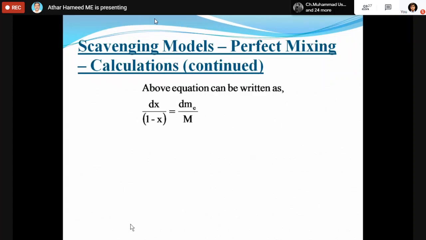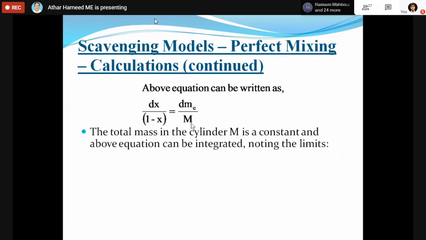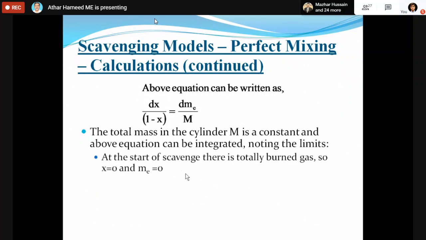Now the above equation can be written as dx over 1 minus x is equal to dme over m, and the total mass in the cylinder m is a constant. This equation can be integrated, noting the limits: at the start of scavenging there is totally burned gas, so x is 0, and ME, whatever has entered, is 0.